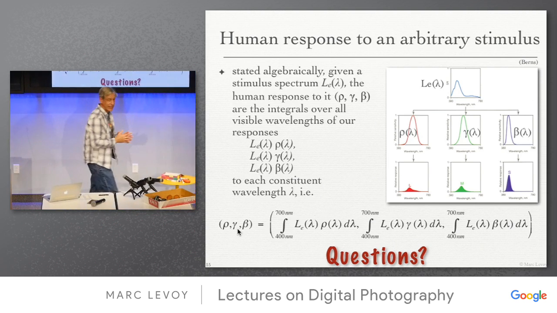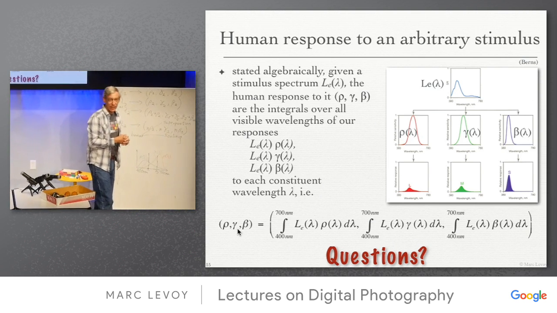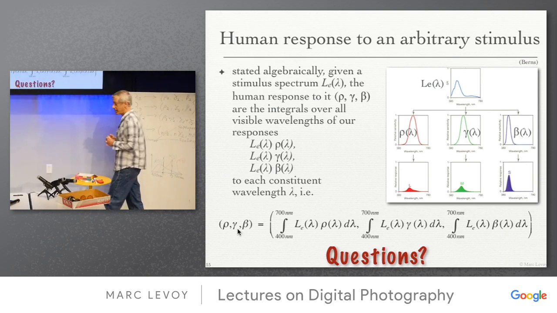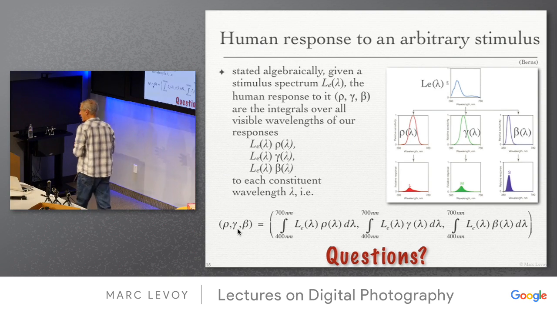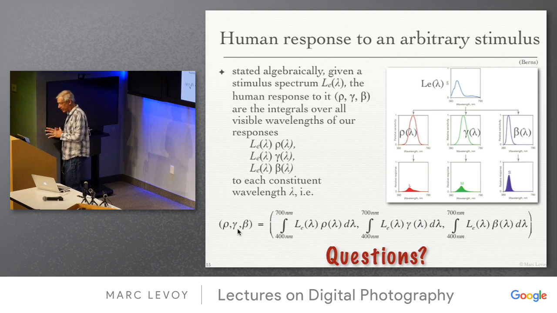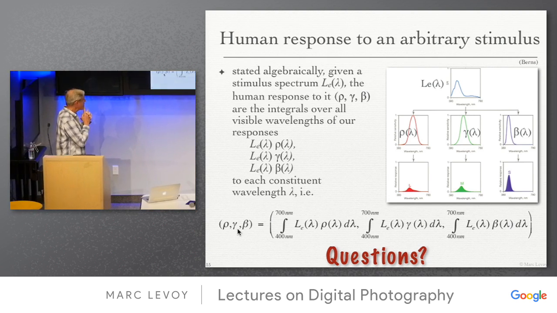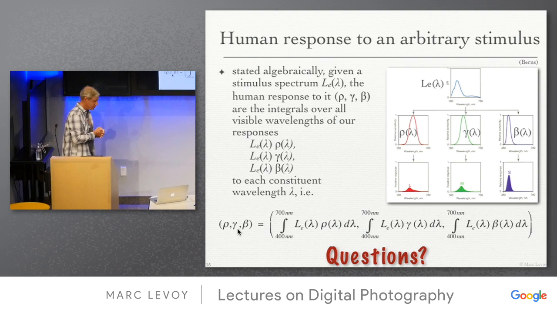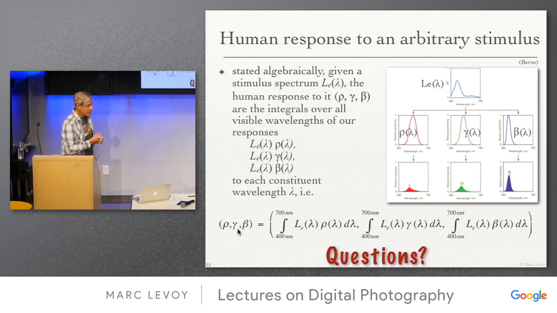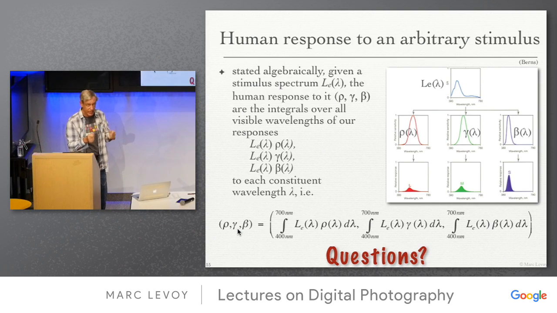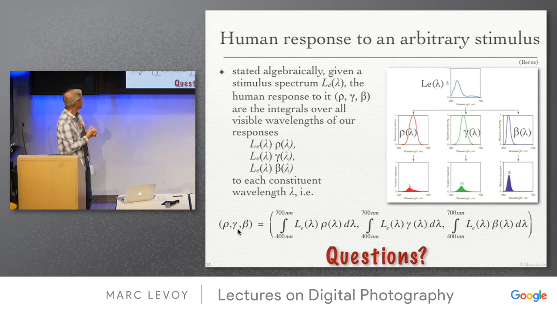Yeah? So, can the combination of 2 wavelengths give you the exact same 3 numbers as a single wavelength? Could there be multiple combinations that give you the same response?